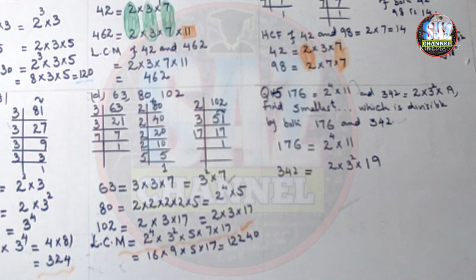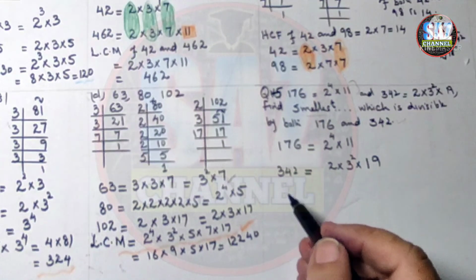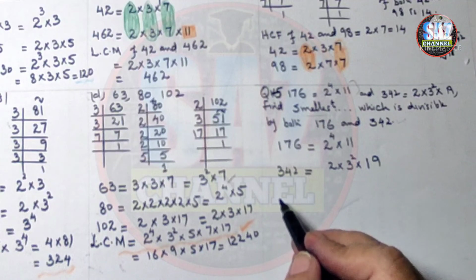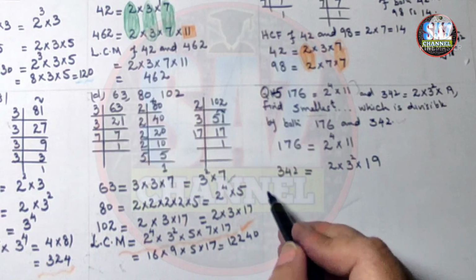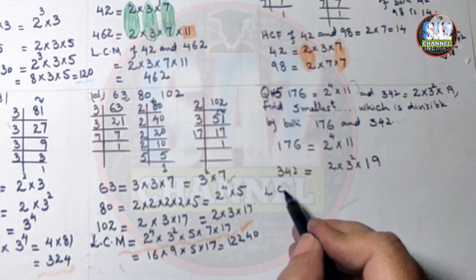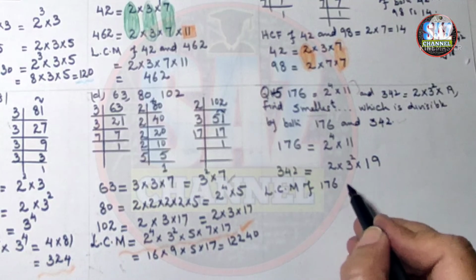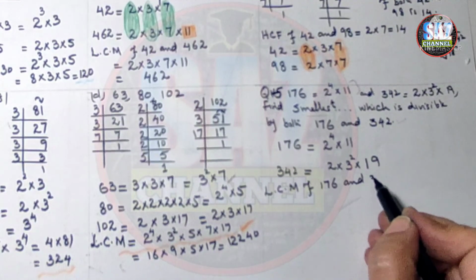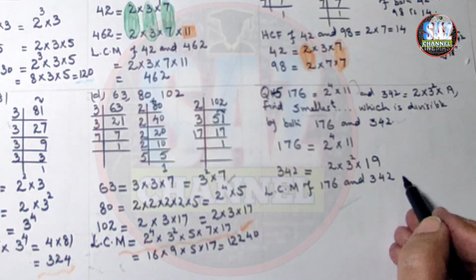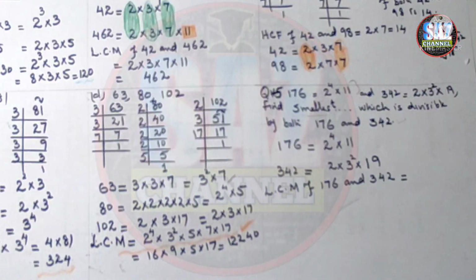Now we have to find the smallest number which is divisible by both. For that purpose, students, this is a key point that you have to keep in your mind. We have to take the LCM of 176 and 342.